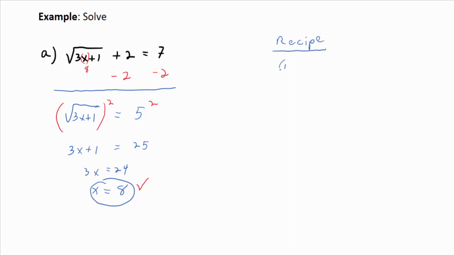So if we had to write down steps, or let's call it a recipe, what was that step 1? Okay, so let's use some symbolism here. Isolate the radical, right? That was where we subtracted 2 from both sides. Then what do we do? Okay, square. So I'm going to draw a little square. Square both sides.